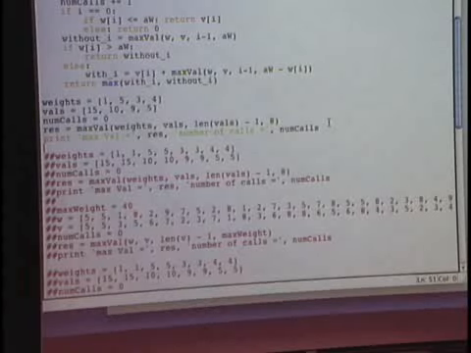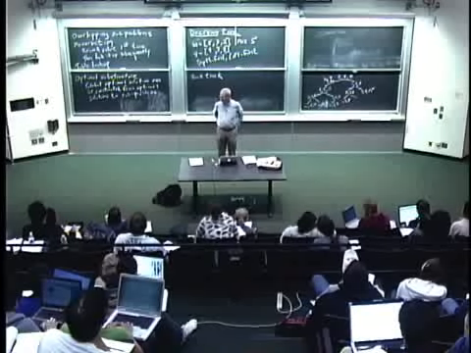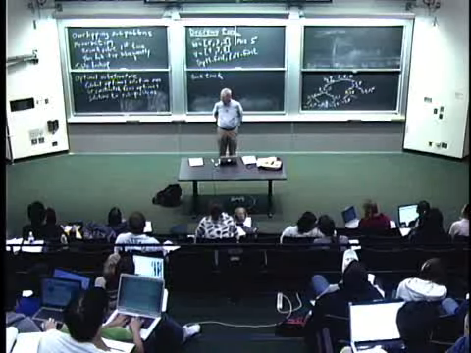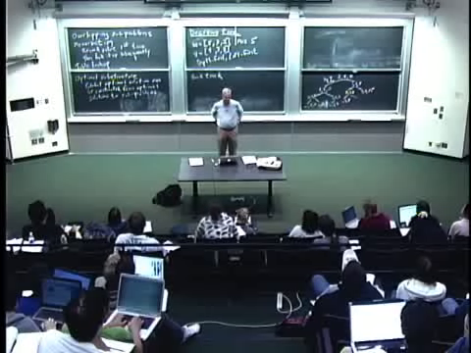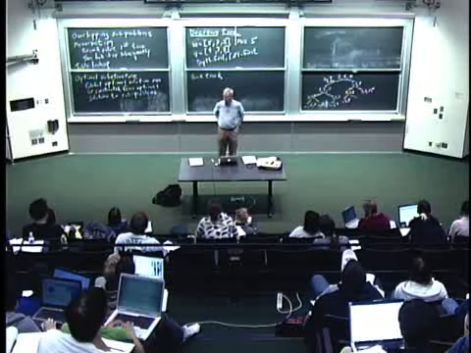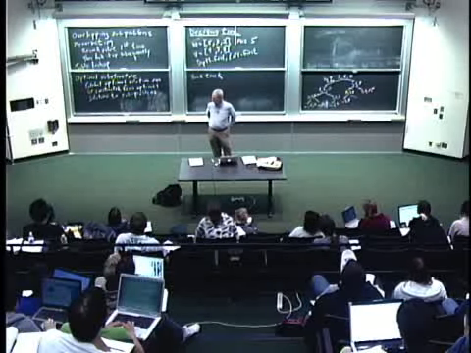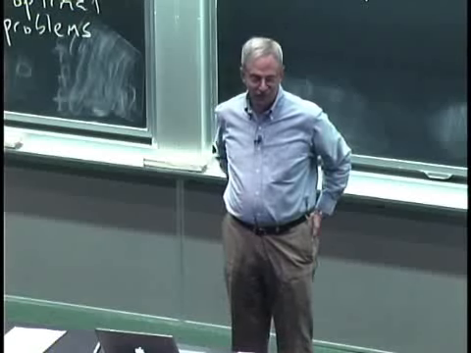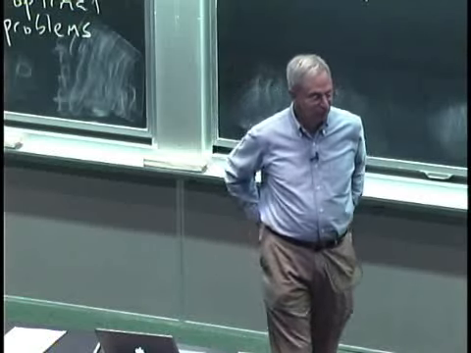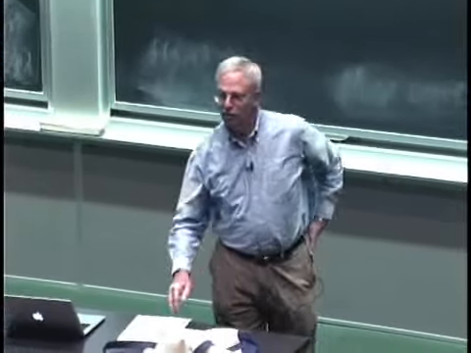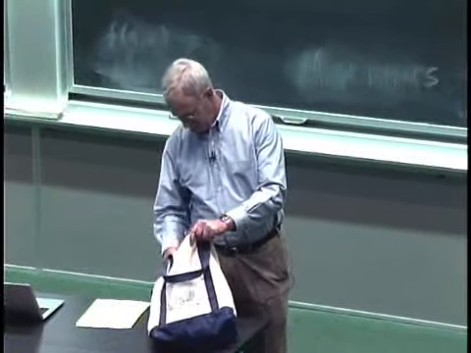I'm going to pause for a minute before I run it and ask each of you to compute in your head what you think the answer should be. This is in line with what I said about debugging. Always guess before you run your program what you think it's going to do. And I'm going to wait until somebody raises their hand and gives me an answer.